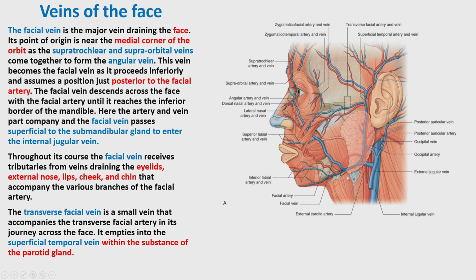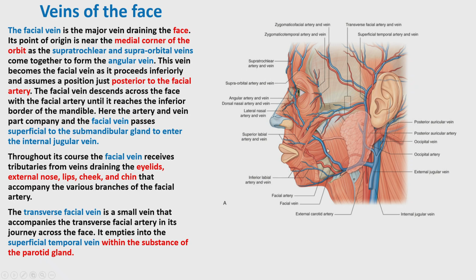Usually you have to pay attention. There are three differences between the facial vein and facial artery. When you are dissecting, the facial artery is curvy, zigzag in its course. This is one.